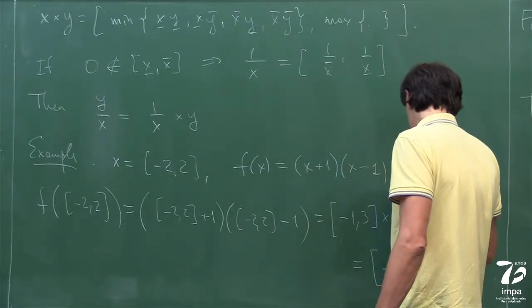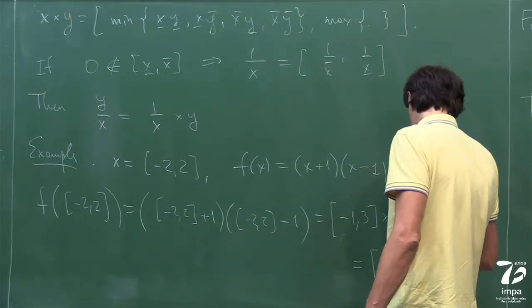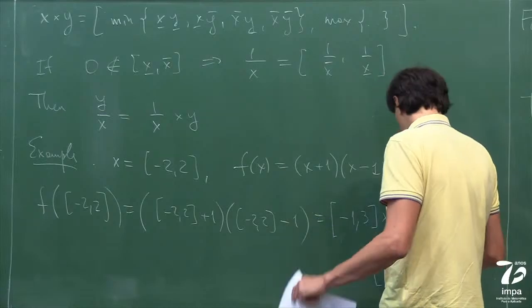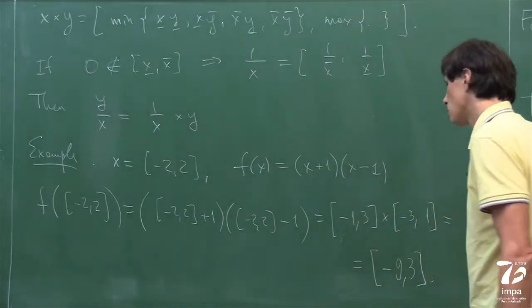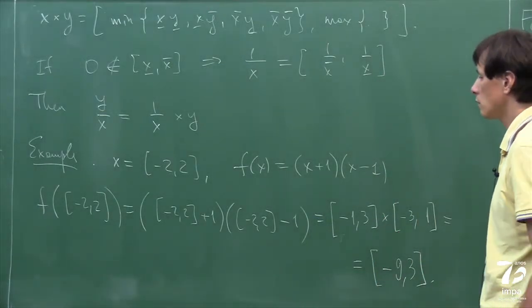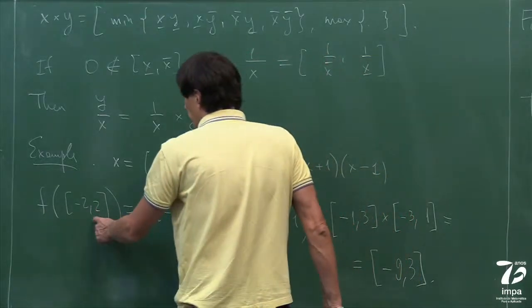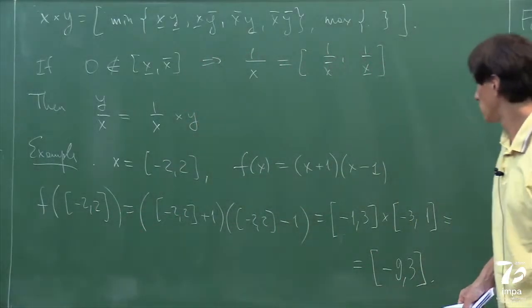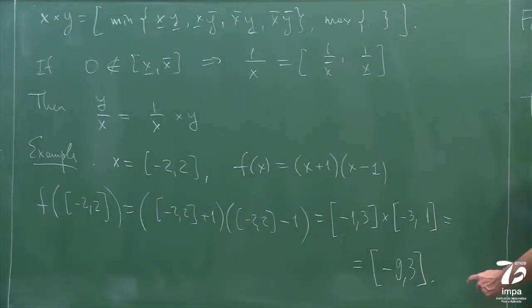And the largest will be 3, I think. Yeah. So we computed that whenever x is here, then the result of f is rigorously inside this interval. So this is the idea.